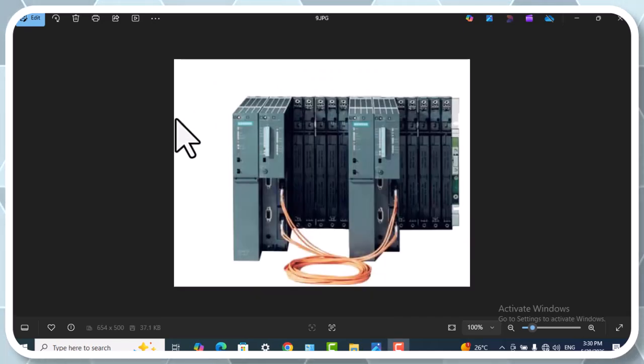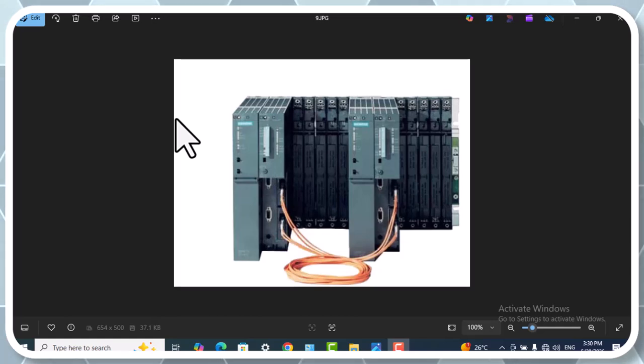And my friends, the S7-400H, with H in the last part of the serial number, is a fault tolerant PLC system designed for critical applications where a failure can cause danger to human life, large production losses or environmental damage.